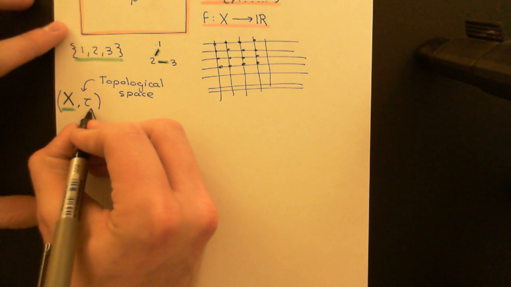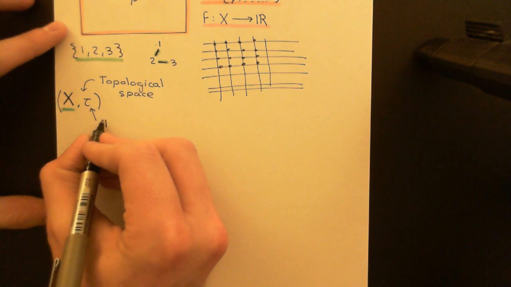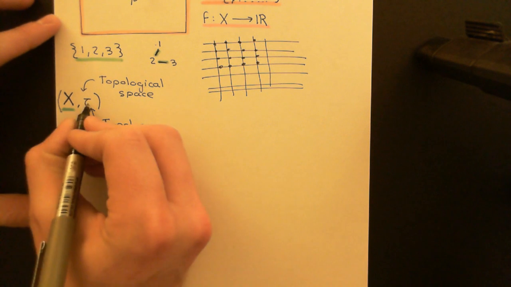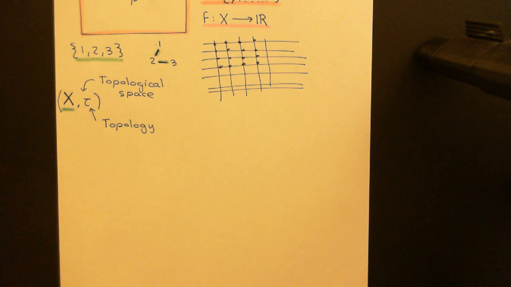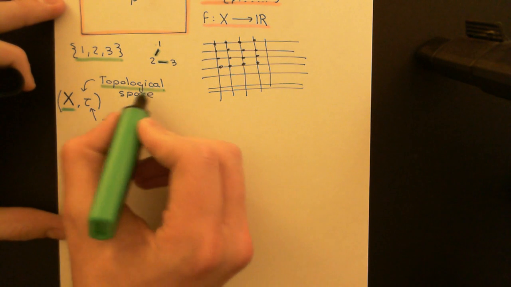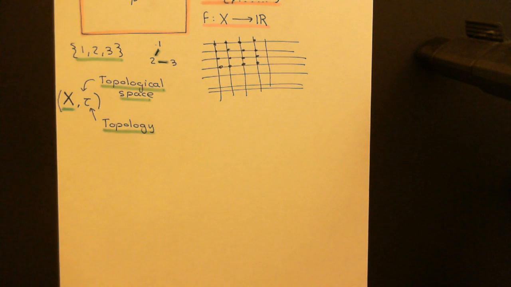Okay, so the whole thing is the topological space. Tau here is what we will call the topology. So we need to define this structural feature on this set capital X, tau, which is going to be the topology on that set. And the set with its topology is going to be called a topological space.